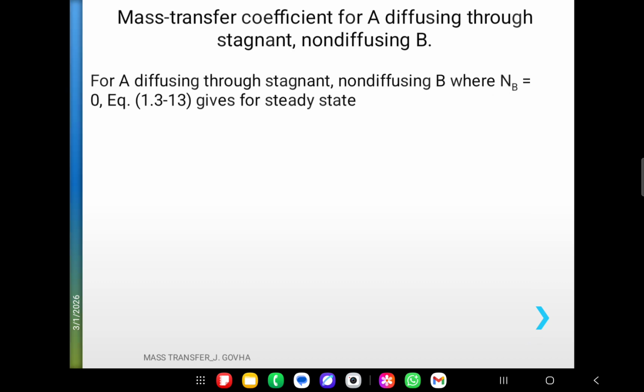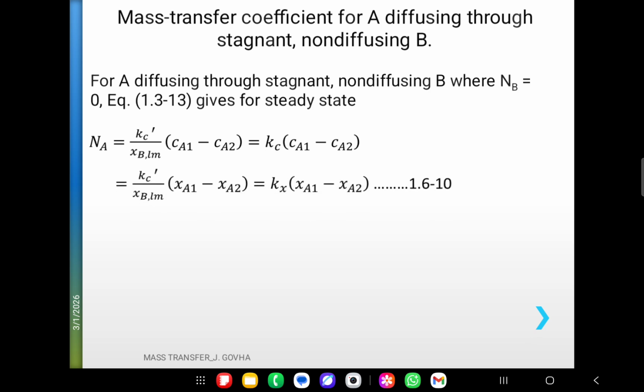For A diffusing through a stagnant layer, this is the equation that we'll get, where we have Kc over xBM, the log mean, as indicated by equation 1.6.10.